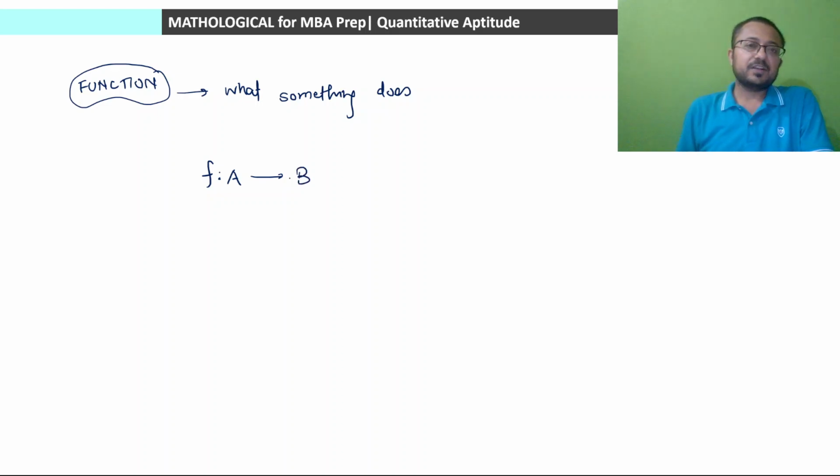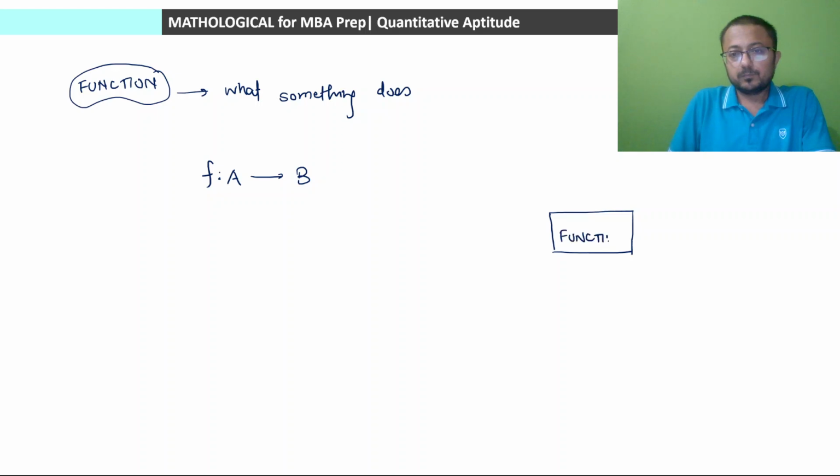Let us say there is a function that is defined from set A to set B. So consider a function as a machine. ठीक है, एक machine है जिसमें we are giving an input and it is producing output. A is the set of inputs and B is the set of outputs.